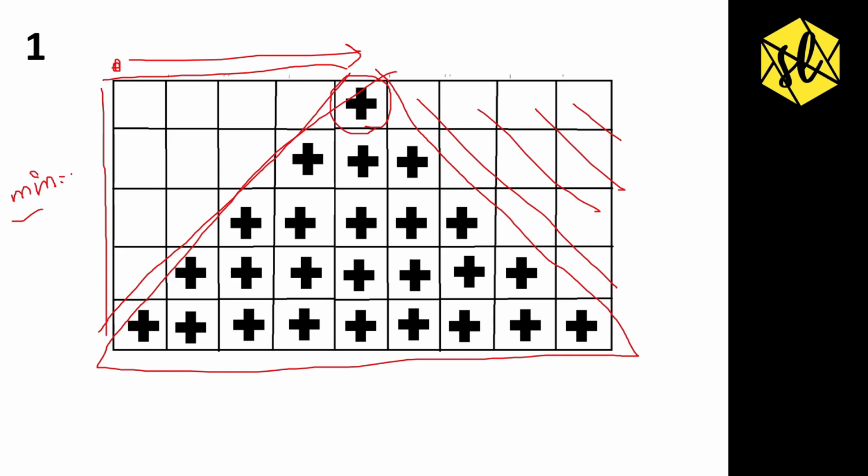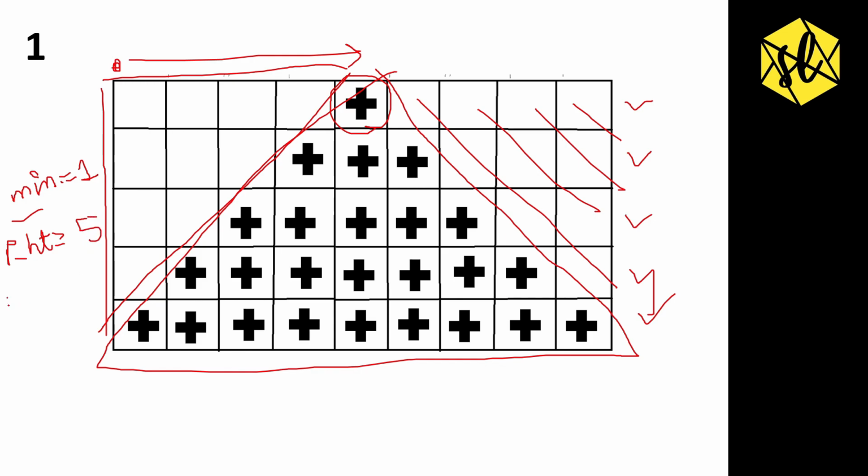Here minimum is 1. The second term that we have to understand is pyramid height. In this pattern, what is the height of this pyramid? Let's count then. 1, 2, 3, 4 and 5. So pyramid height is 5 here.